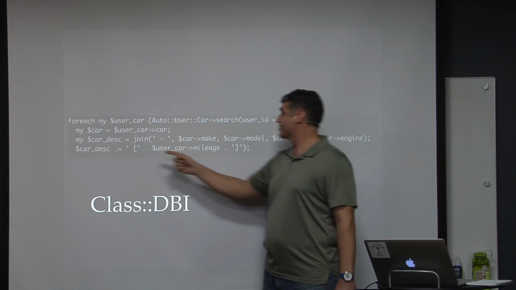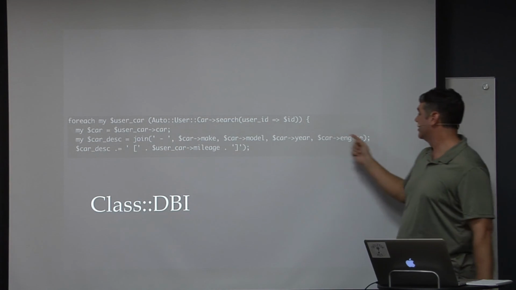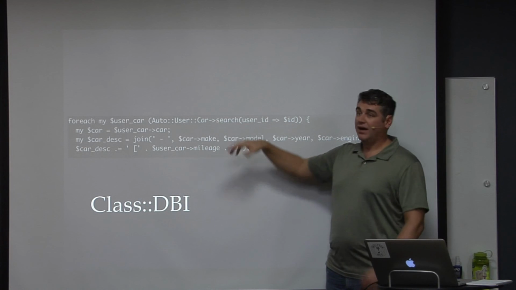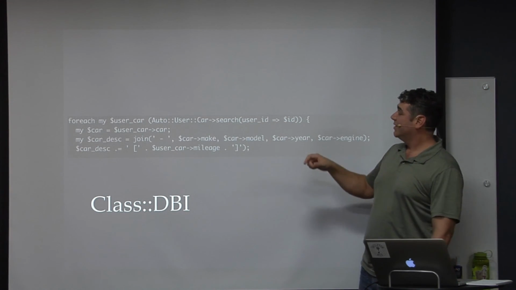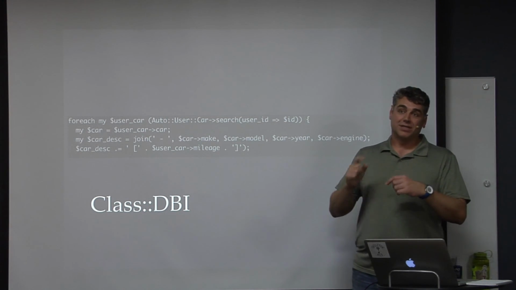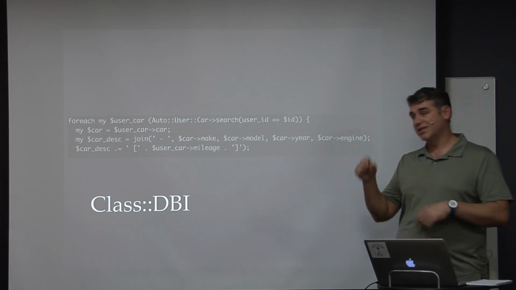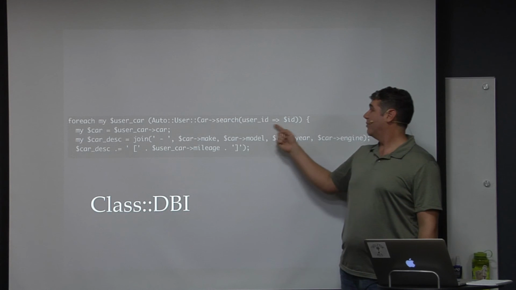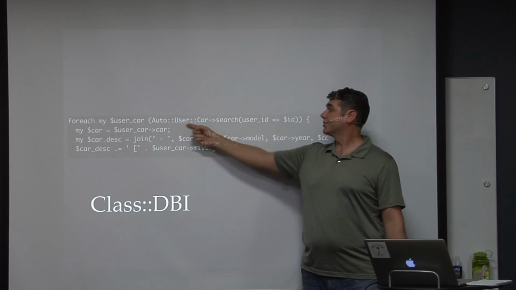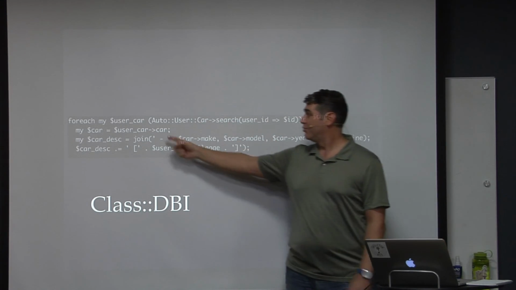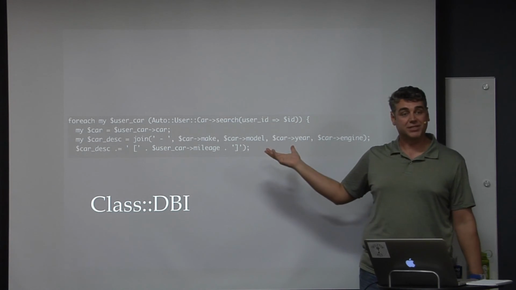And from it, I can get my description of my car. I can get the make, the model, the year, the engine. I didn't have to write a big query saying from my auto user car, select make, model, year, plus this, plus that. I just say, give me all the user car entries for this user ID, pull out the car, and then give me this information.